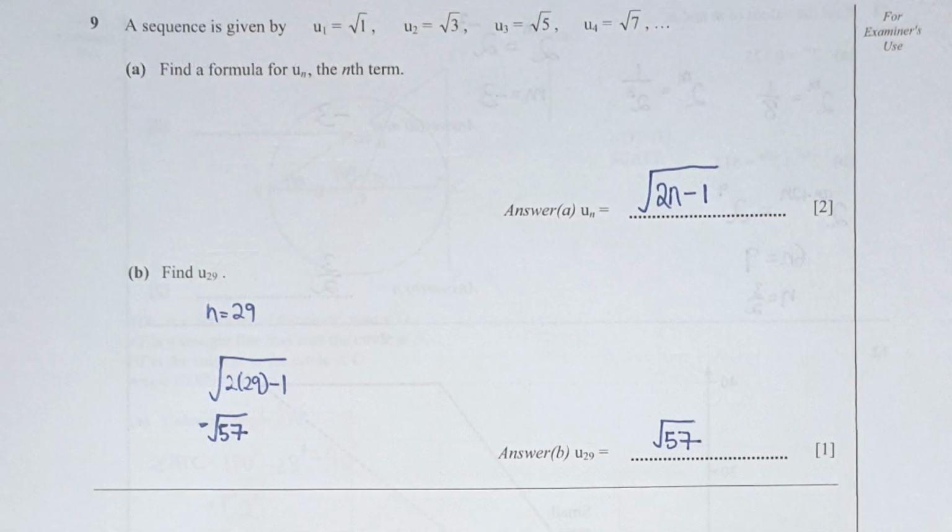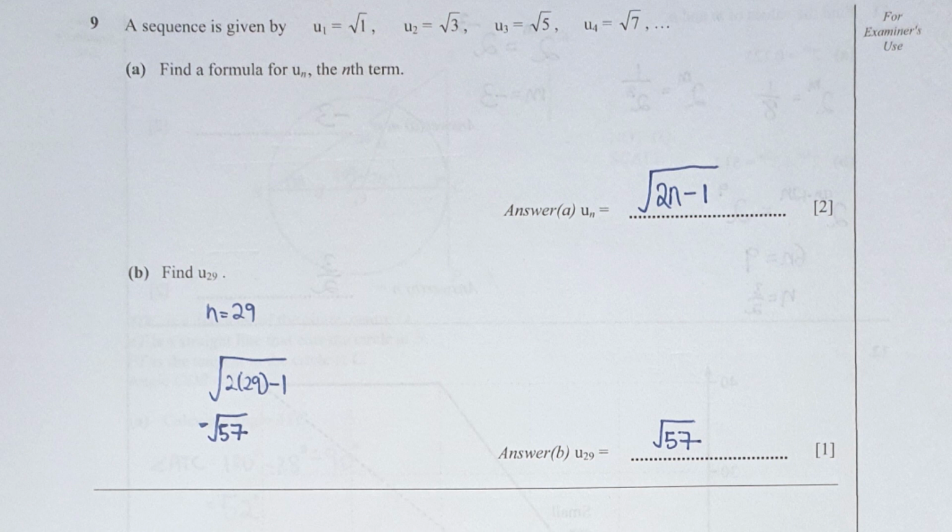For question 9, okay, so use a formula for u_n, the nth term. Okay, the nth term here is actually square root of 2n minus 1. So there's no specific way or formula to identify this.